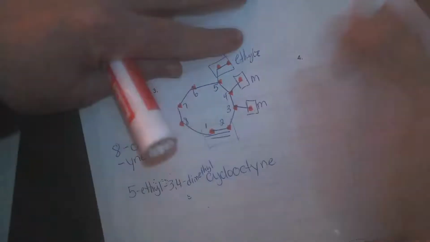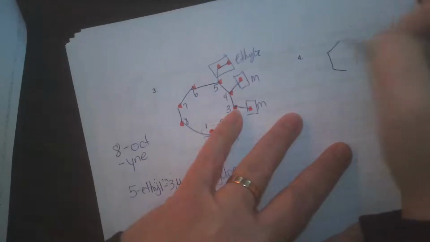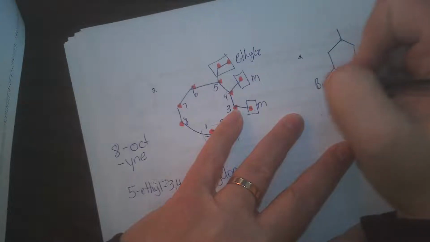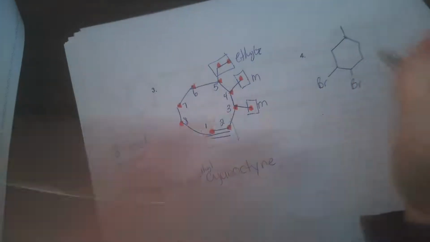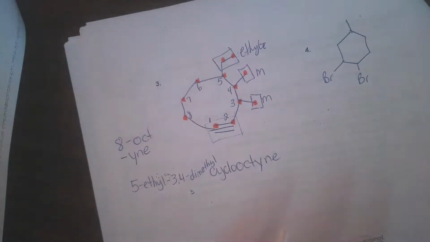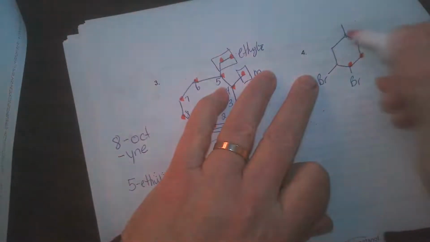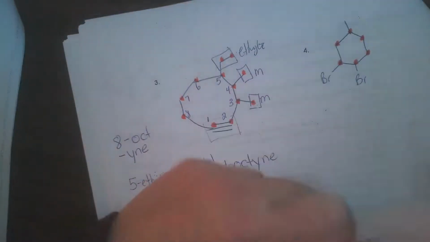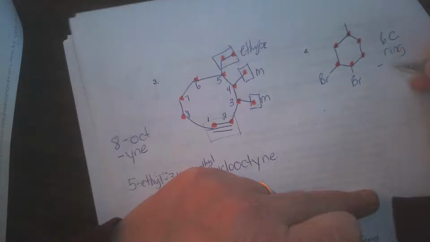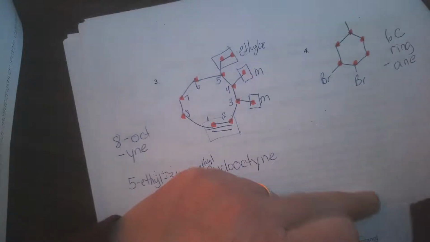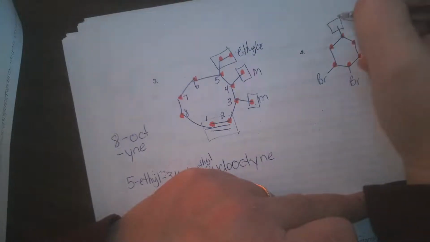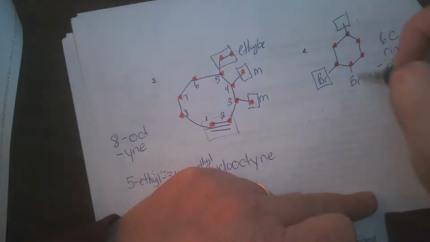This one here, first step, we have to identify how many carbons we have. 2, 3, 4, 5, 6. So it's 6 carbons in a ring, no double bonds, so it's going to end in an ane. That's the first step. Then we need to identify all of our side groups. There's one here, and one here.